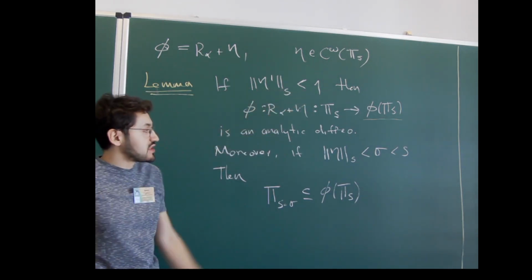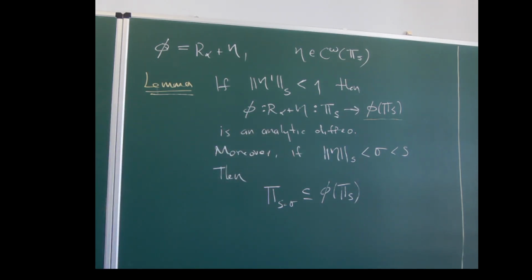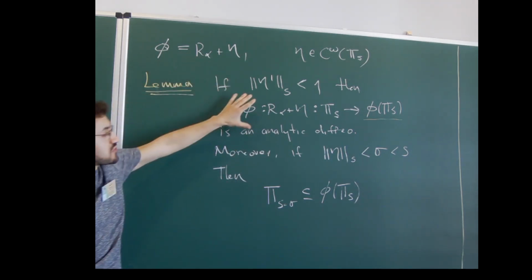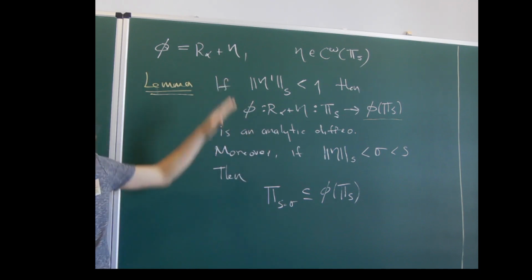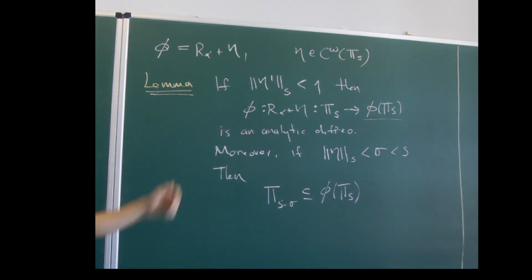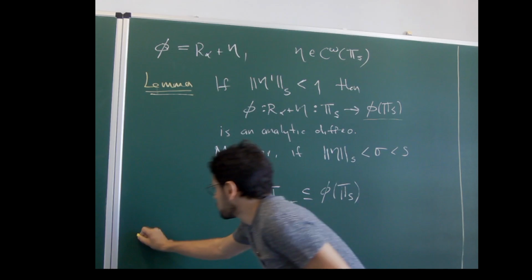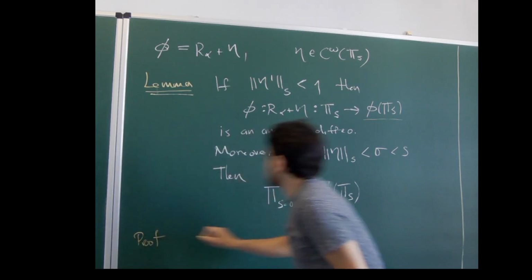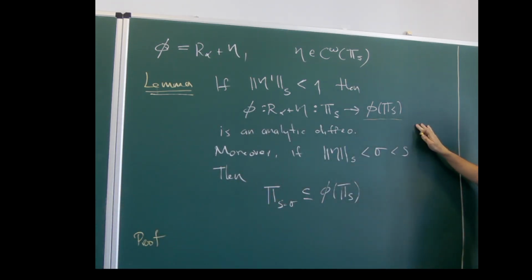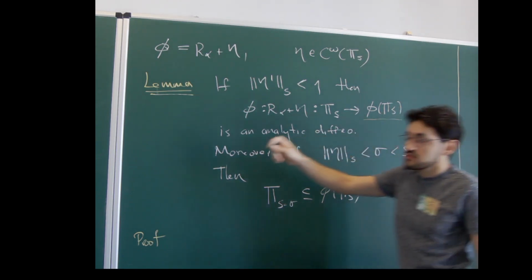Okay? So I can see one of these complex strips in the image of my diffeomorphism. Okay, this will be useful later, but just to make the analogy, I will mostly consider diffeomorphisms of this kind. I want to convince you that everything I will consider are well-defined diffeomorphisms. The proof of this part, I will make just a sketch. The proof that this is an analytic diffeo is entirely analogous.